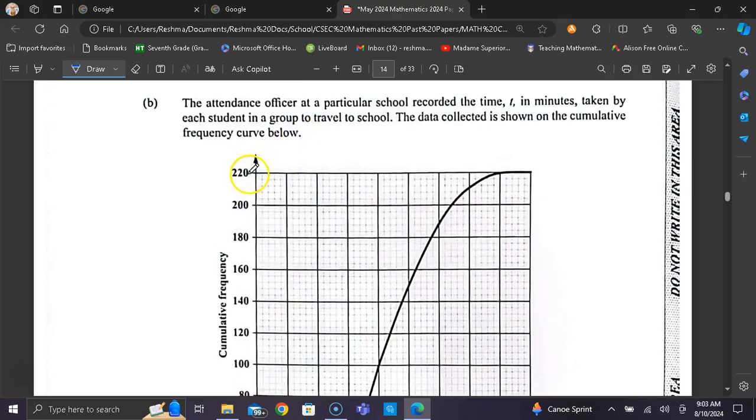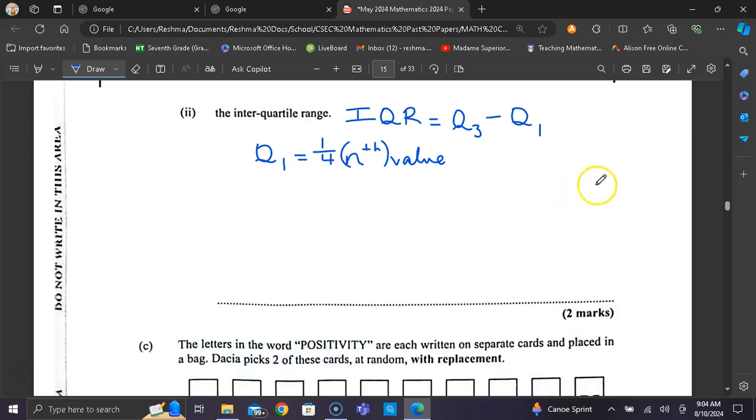So even if I add 221, and I find a quarter of that, that value wouldn't be statistically different than if I just use 220. Okay, so let's just use a quarter of the 220th value. Okay, and of course 220 divided by 4 gives 55. So we're looking at the 55th value, which we will read off from the graph in just a little bit.